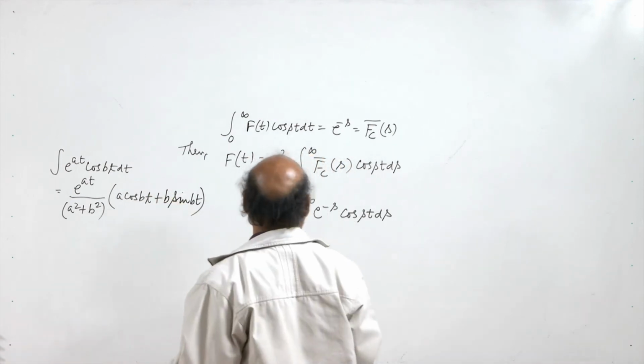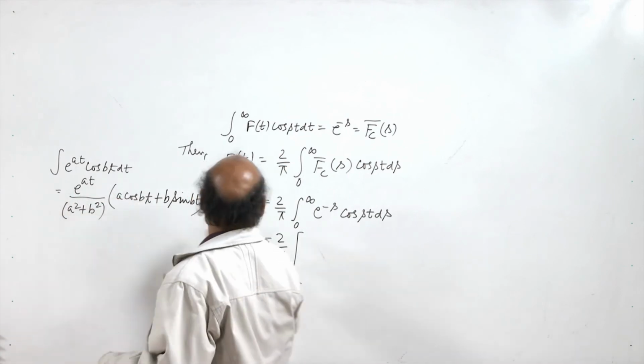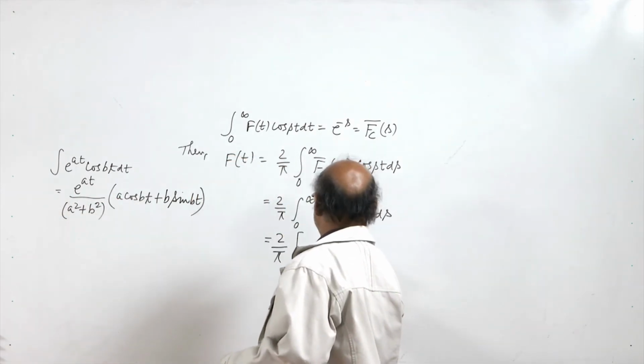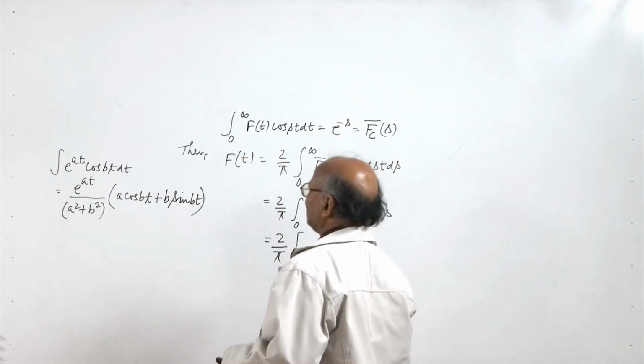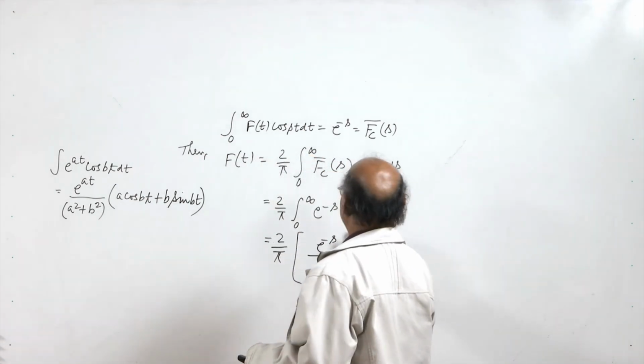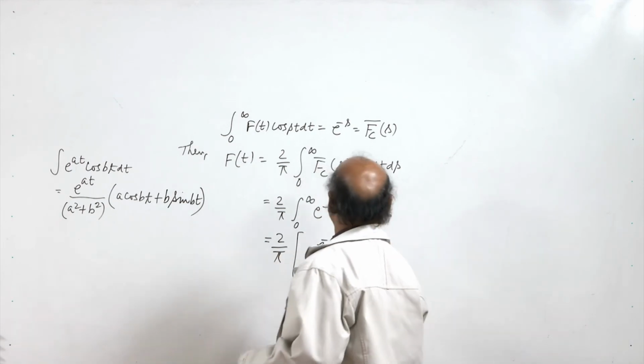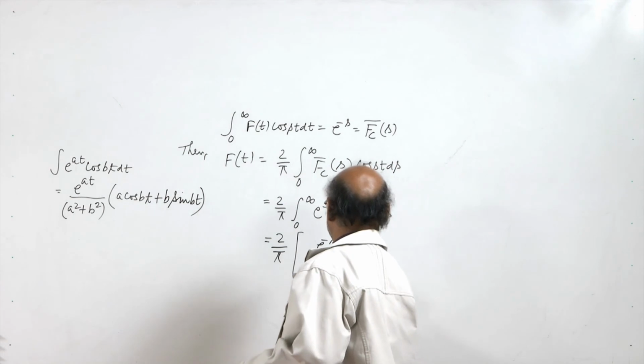When we use this formula, a is equal to minus 1, and instead of t we have s here. So e to the power minus s divided by a square plus b square, and a is minus 1, so minus 1 whole square, and b is t, so we get t square.